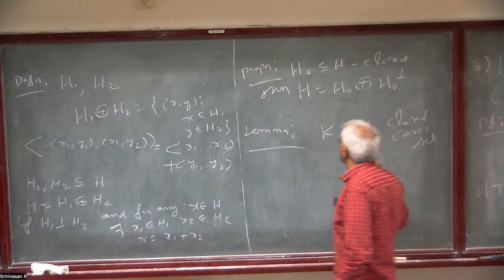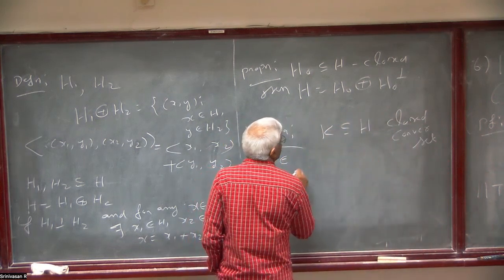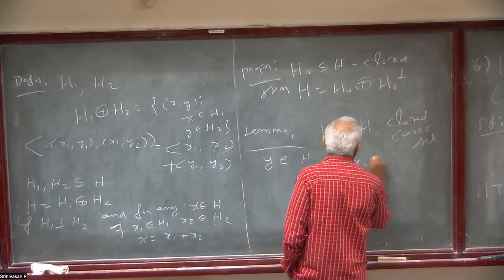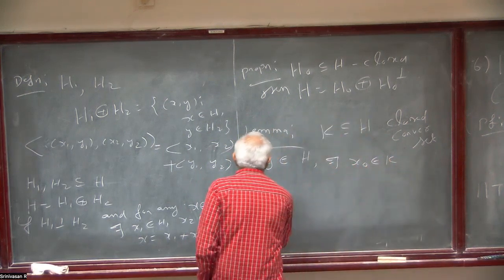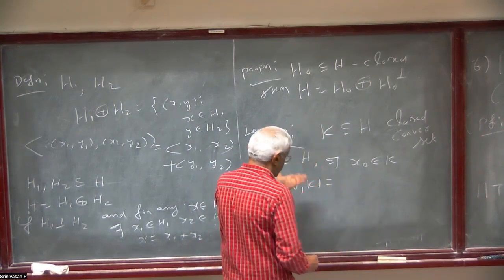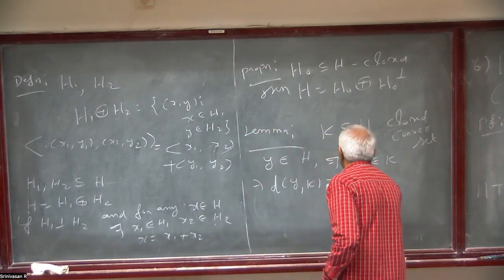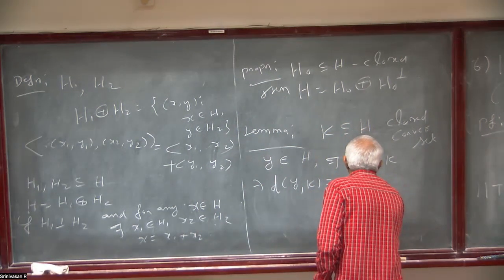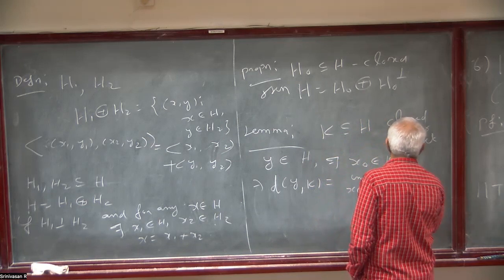And suppose y is in H, then there exists an x naught in K such that the distance between y and K, defined as the infimum over x in K of d(x, y), is attained.